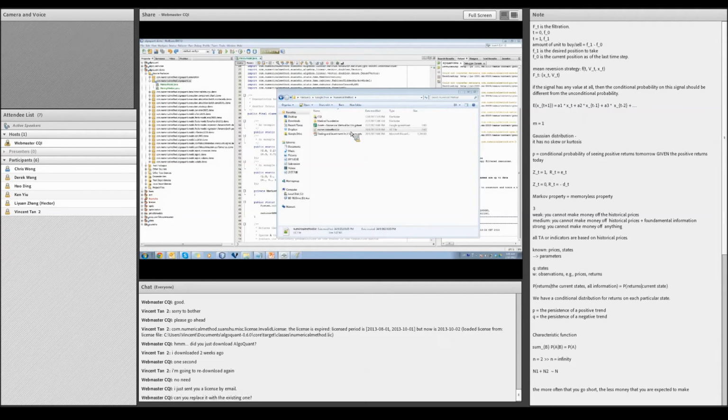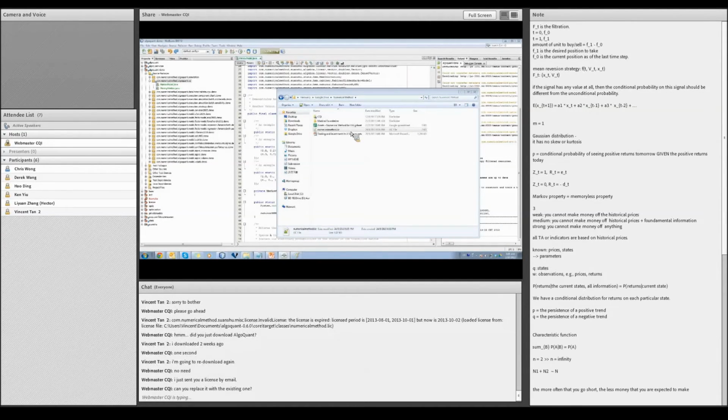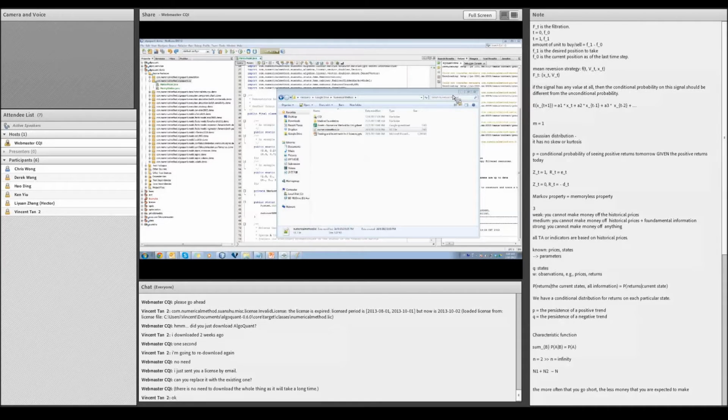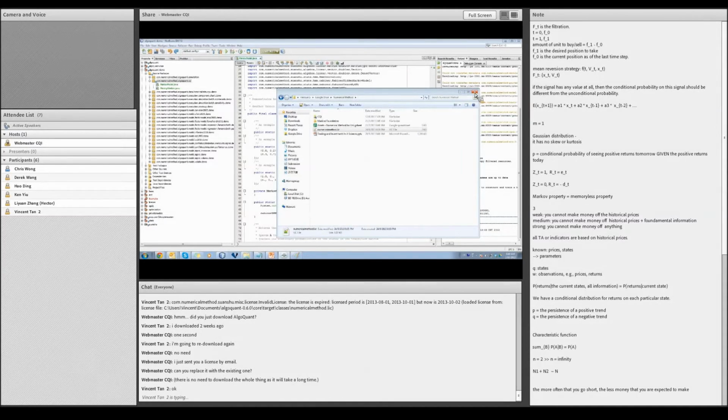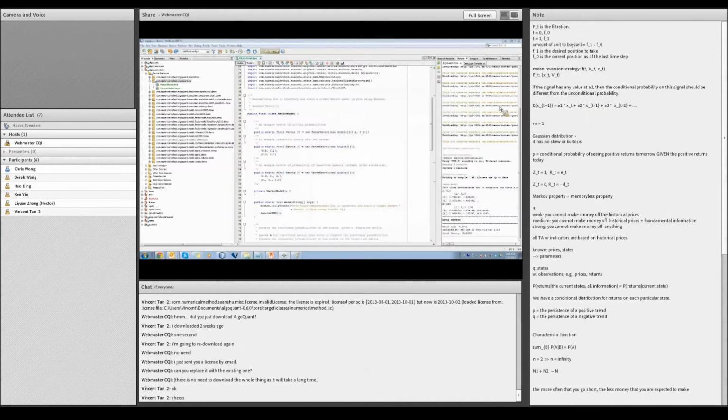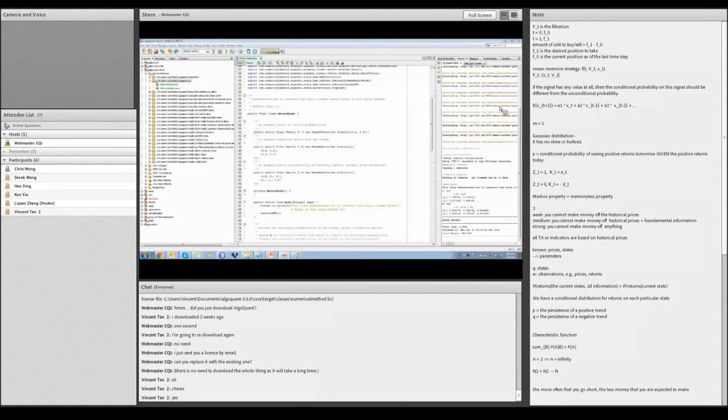So Vincent, have you received the email? Well, let me know if you don't know how to use the license file. Basically, you just copy and paste this one to wherever your current existing license is. Hey, by the way, did you send CQI your MAC address? They should have already sent you a long-term license for this course.